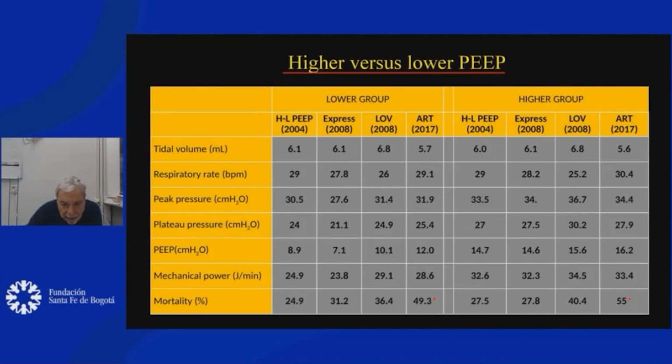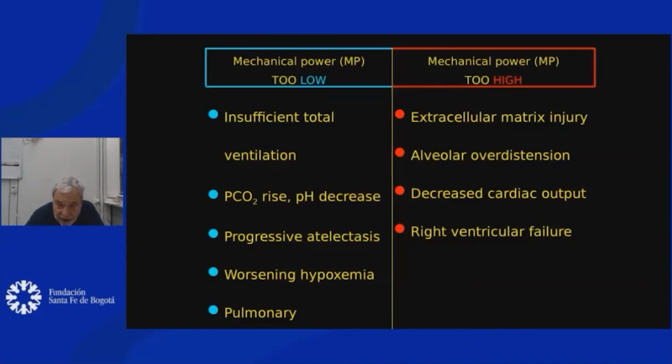The mechanical power here was 28, here the mechanical power in joules per minute was about 34, and this is the only one in which we found a difference in mortality. So PEEP is extremely important, and PEEP is a big component of mechanical power.